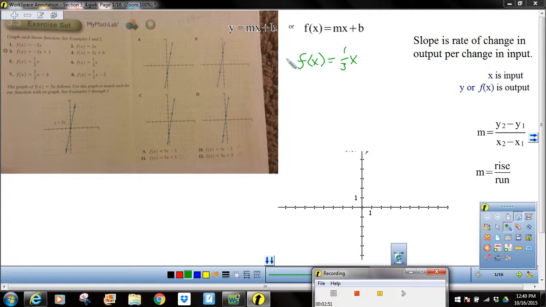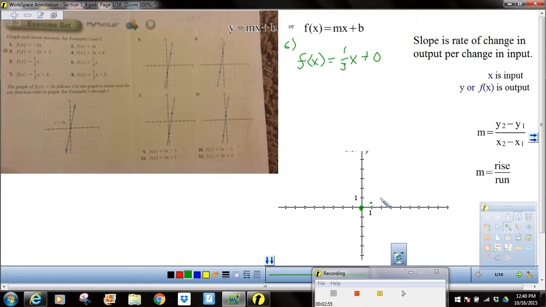Number 6 appears a little bit different, just because it has a fraction here, and you can't see what the y-intercept is. It's going to be 0 because it's the same thing as plus 0 right here. The y-intercept is 0. And the slope is 1/3, meaning that every time I make a step over, it's going up 1/3.